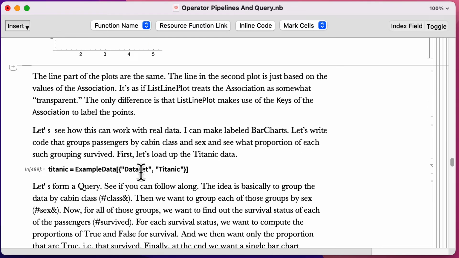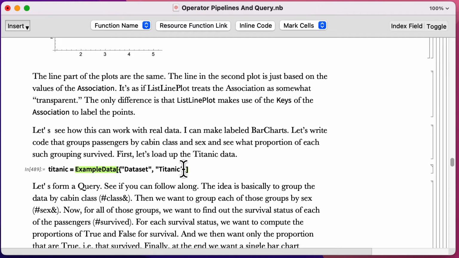All right, let's see how we can make use of this with some real data, and I'm going to try and make some labeled bar charts. Okay, so the goal is to get code that groups the passengers on the Titanic by their cabin class and their sex, and then to see what fraction of each such grouping survived.